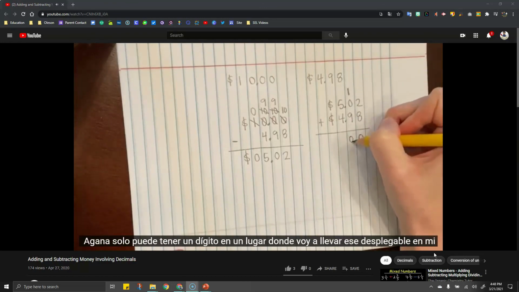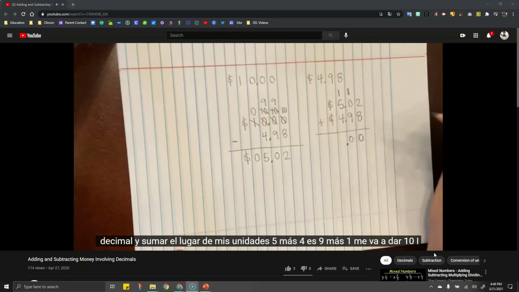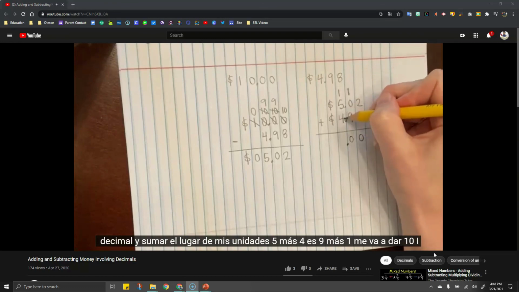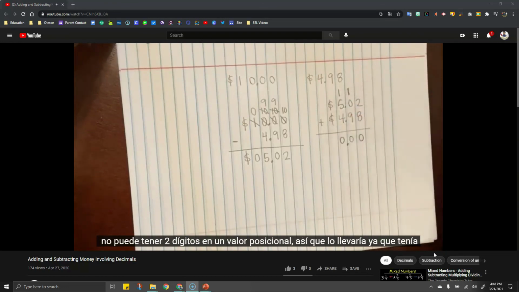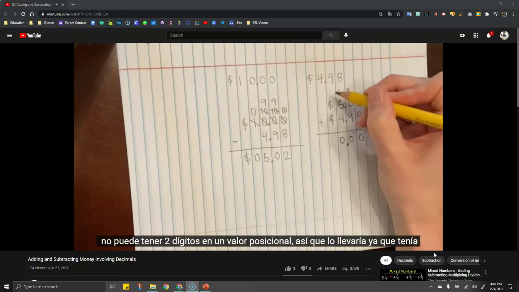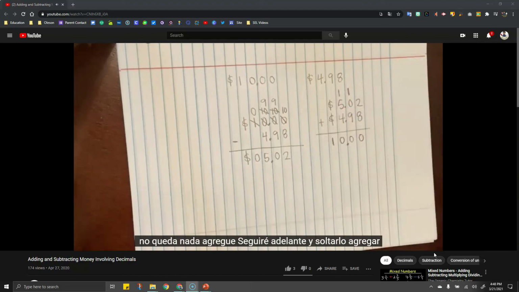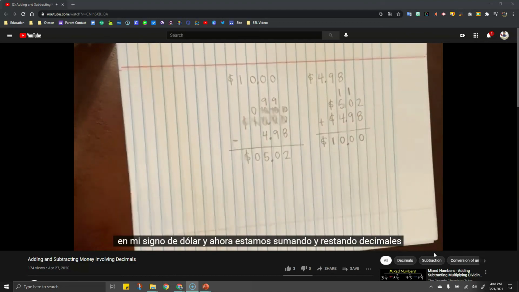Again, I can only have one digit in a place, so I'm going to carry that 1, drop down my decimal, and add my 1's place. 5 plus 4 is 9, plus 1 is going to give me 10. I can't have 2 digits in a place value, so I would carry that 1. Since I have nothing left to add, I'll go ahead and drop it down, add in my $ sign, and now we're adding and subtracting decimals.